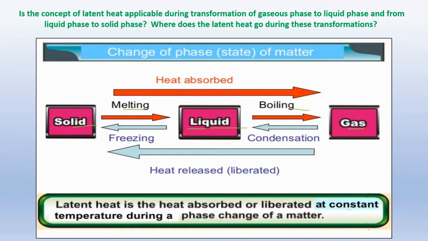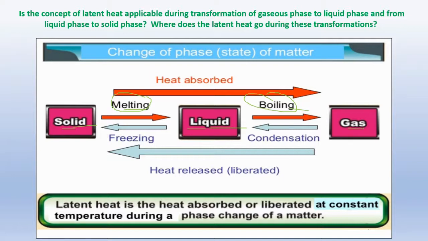During this melting and boiling, heat is absorbed. We have studied in the previous slides that heat is absorbed, and that is why the solid form of the object is converted to liquid form, and the liquid form is converted to the gaseous form.